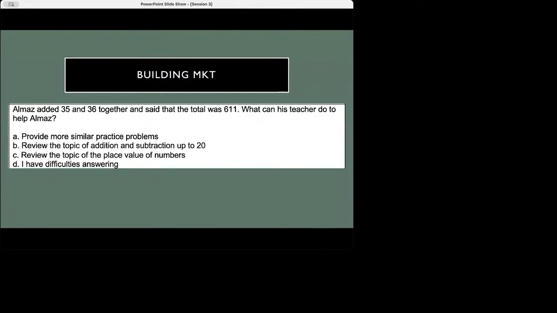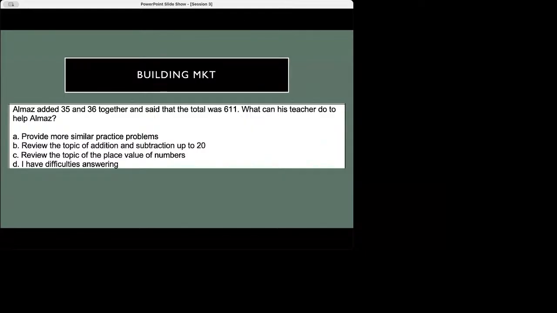So the teacher should revisit the place value of numbers so that when the learner gets 11 in the column of ones, he can be able to break it down into 1 ten and 1 one. Then carry over the 1 ten to the tens column and then add to get 7.